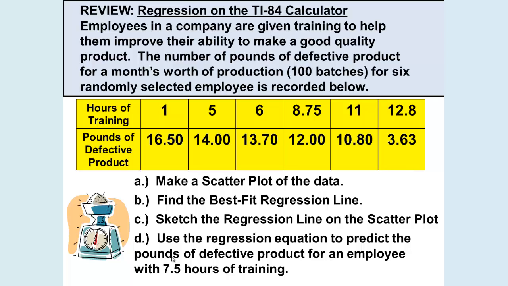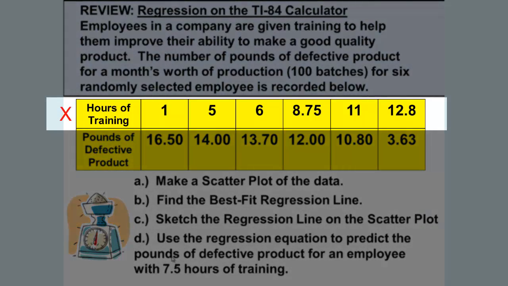The number of pounds of defective product for a month's work of production, 100 batches, for 6 randomly selected employees is recorded below. So we have X to be our hours of training: 1, 5, 6, 8.75, 11, and 12.8.